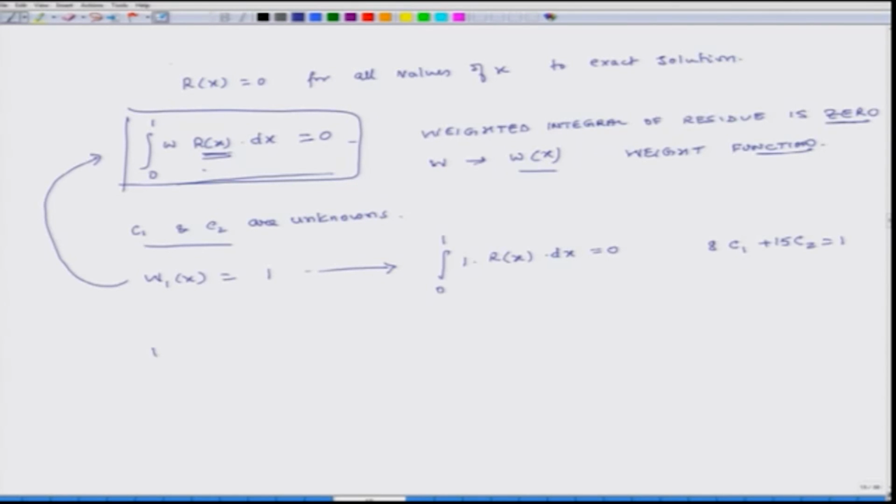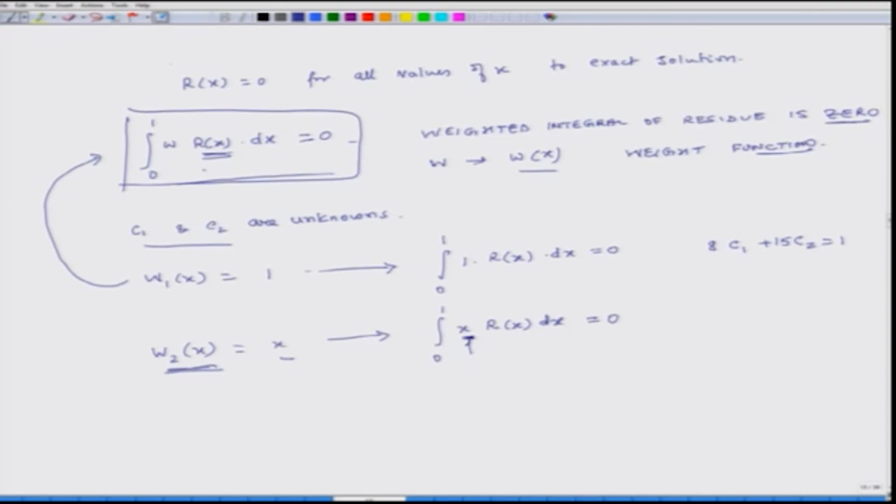Then I assume another weight function. Now, there is a method for picking these weight functions, we will discuss that later. So, I pick up another weight function, and here I just say that it is x. And from this I get the second equation: the integral from 0 to 1 of x times residue of x dx is equal to 0. Here the weight function is the same as x.